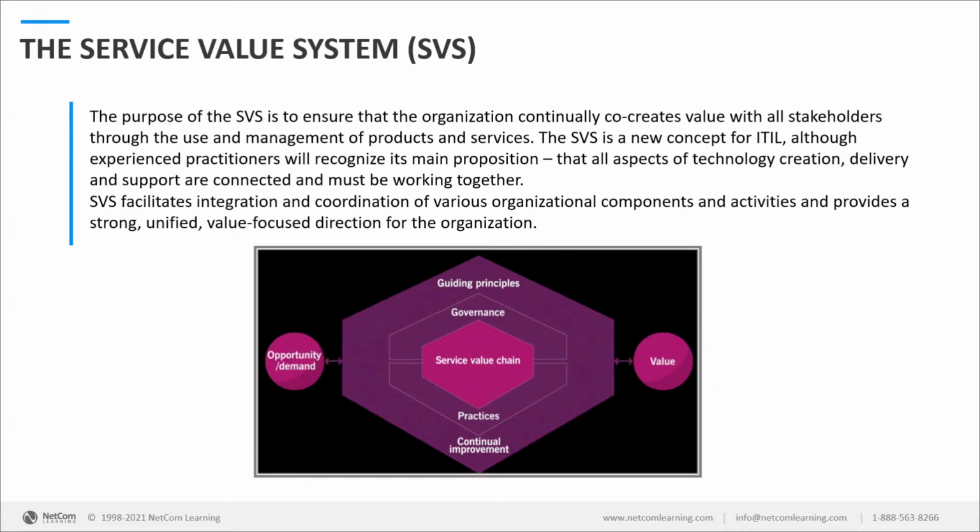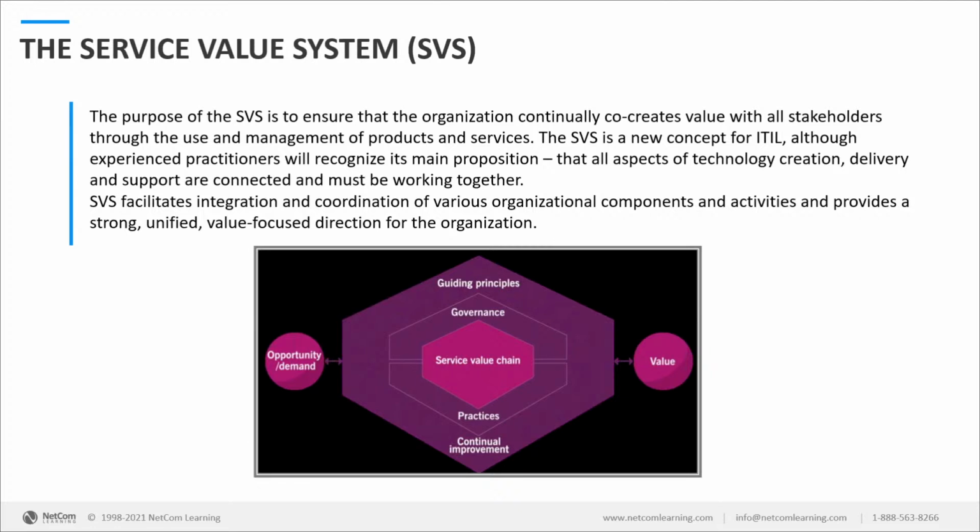That defined sequence of those elements is called the value stream. And as an organization, you're supposed to be very clear, very aware of that value stream, because that captures the input about how you are planning to go ahead and create value.